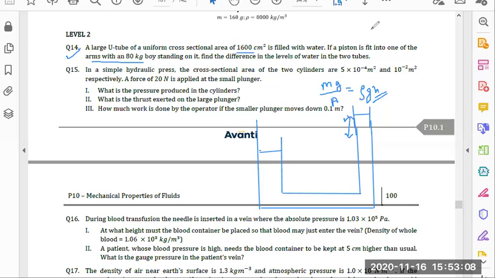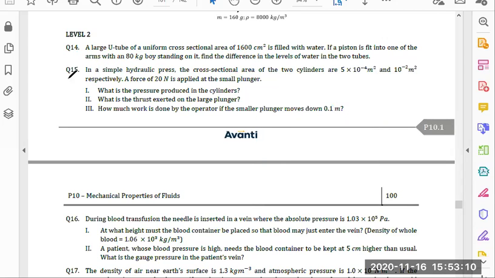So this is also a basic concept. Now, 15. Let's go through 15. In a simple hydraulic press, the cross-section areas of the two cylinders are this and this. A force of 20 Newton is applied on the smaller plunger. What is the pressure produced in the cylinder? Guys, I hope all of you can solve question number 15.